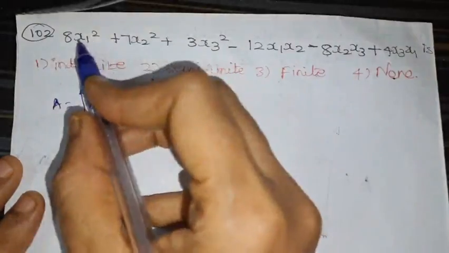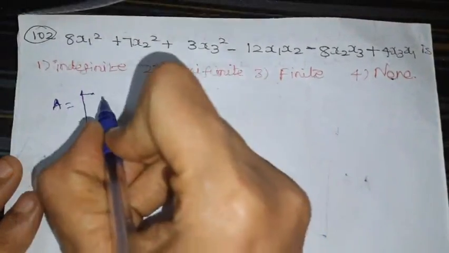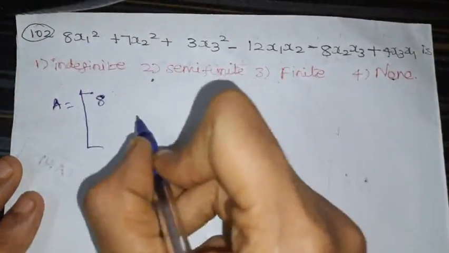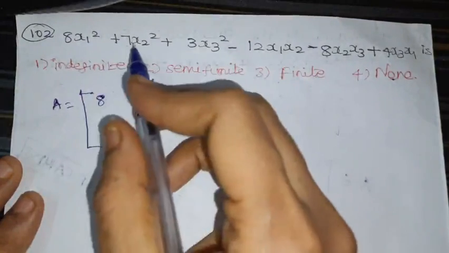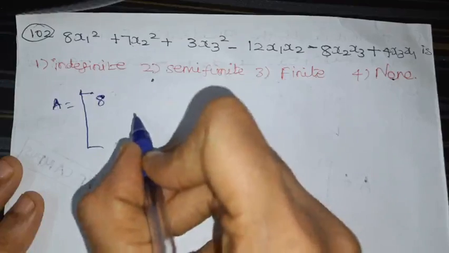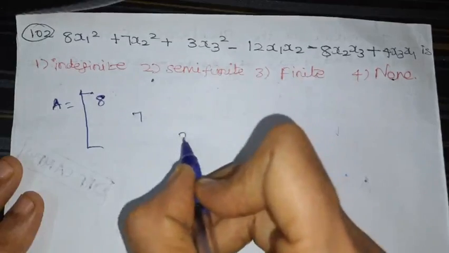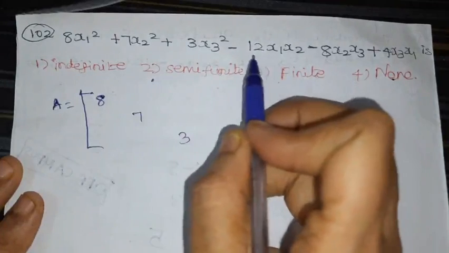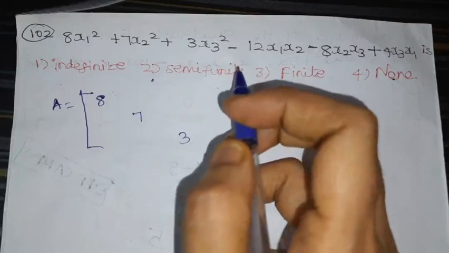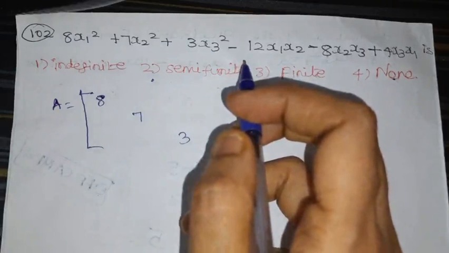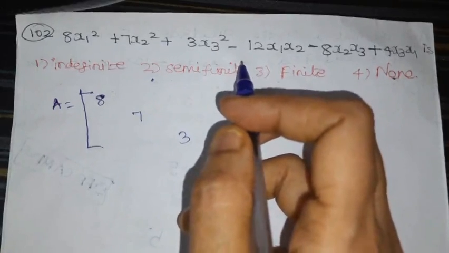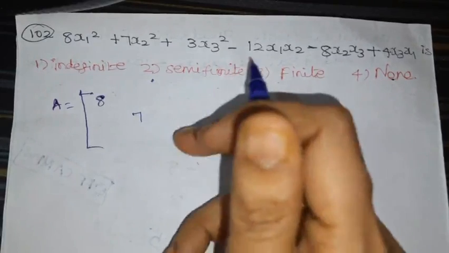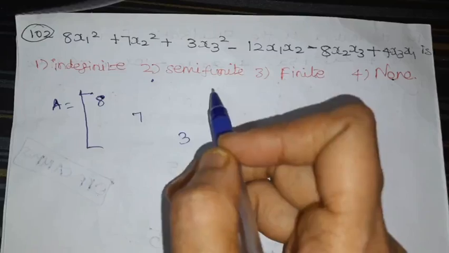It is nothing but x1 squared, x2 squared and x3 squared in the leading diagonal elements. When writing the equation we multiply by 2, but when writing into matrix form, we need to divide by 2, half of that value.